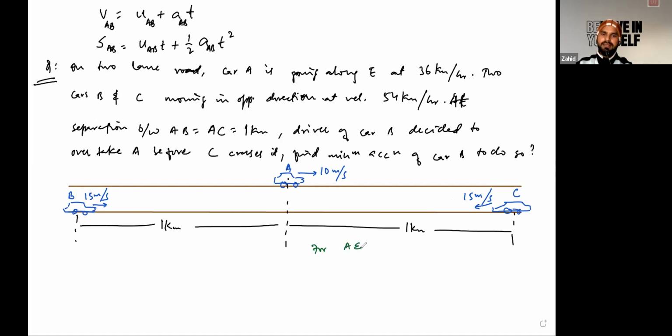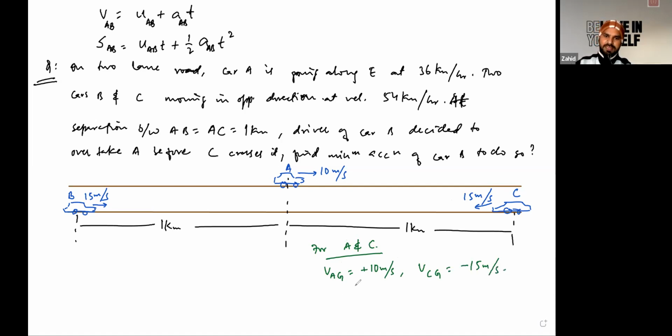For A and C, the velocity of A with respect to ground is towards the positive x-axis, so it will be plus 10 meters per second. The velocity of C with respect to ground is along the west direction, so it will be negative 15 meters per second.